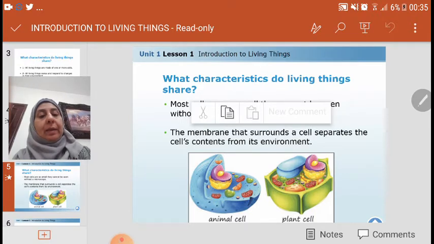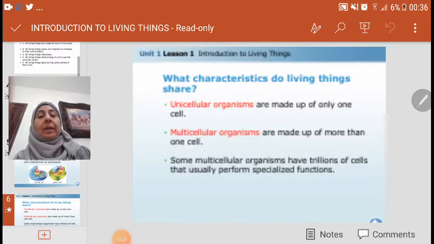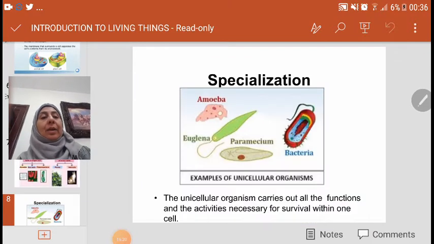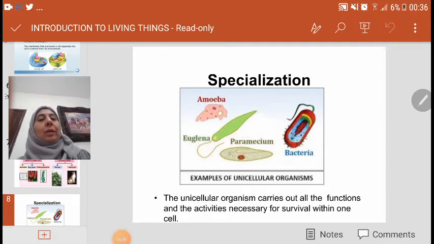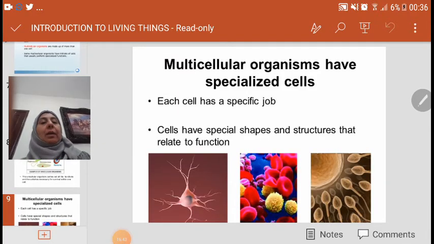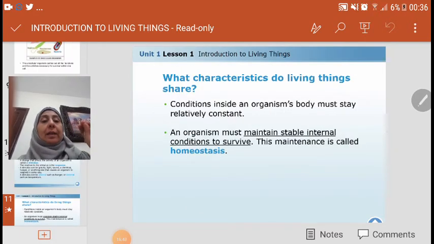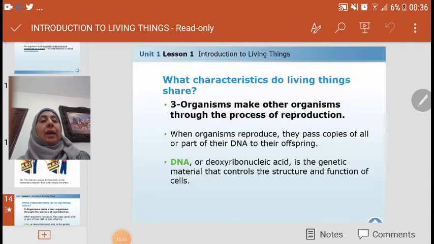This is true for living things such as plants and animals, but for some other living things such as bacteria, the unicellular, it exists directly inside the cytoplasm, and we will see the difference between the living things that have the DNA inside the nucleus and the other organisms that have the DNA free in the cytoplasm.